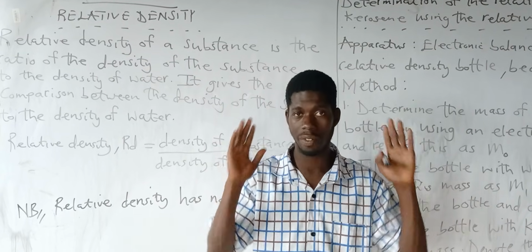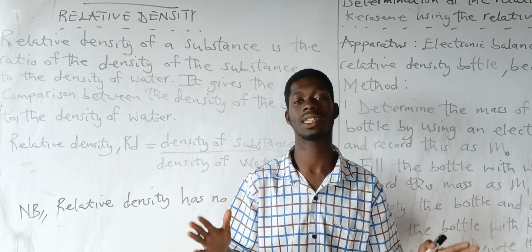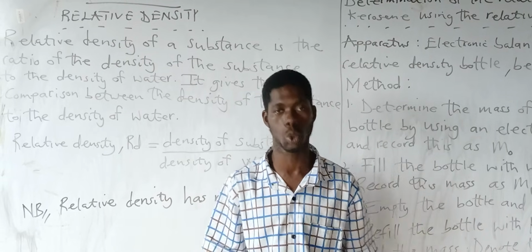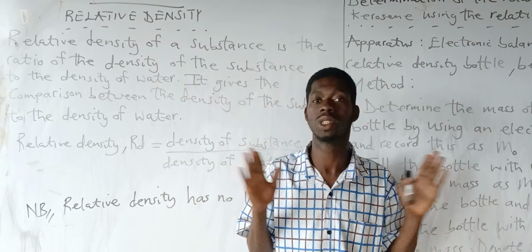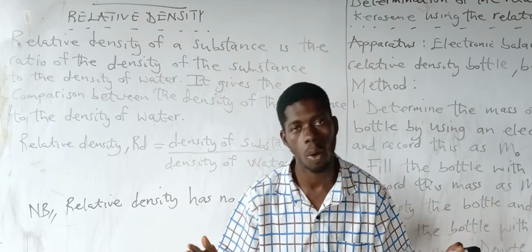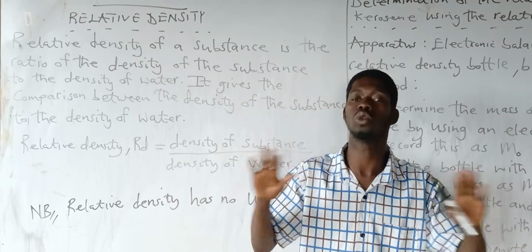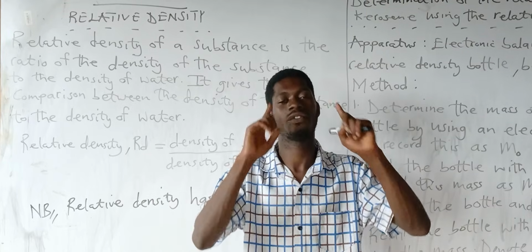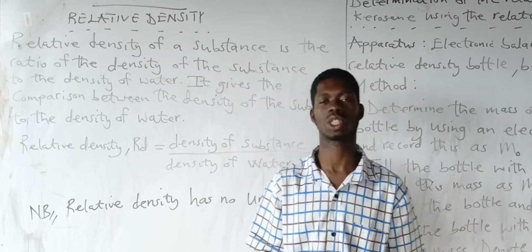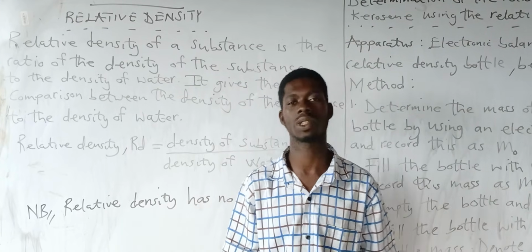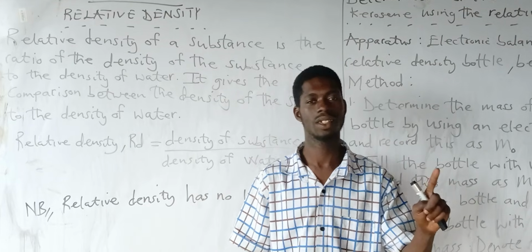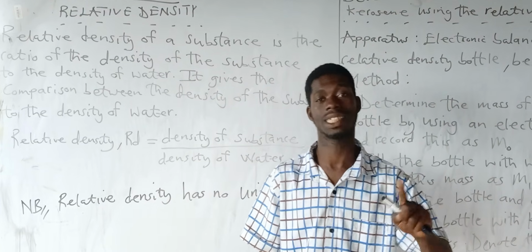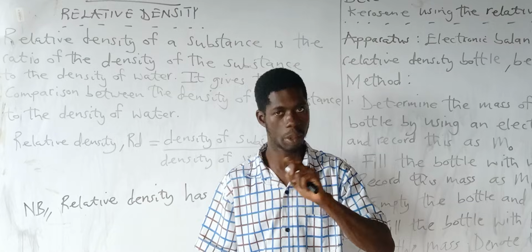So if you work something out and get a certain answer, maybe 1.02, you are not supposed to include any unit. If you get 5.0 as your final answer, you are not supposed to include any units, because relative density has no units.